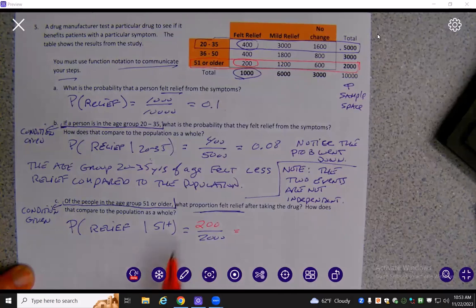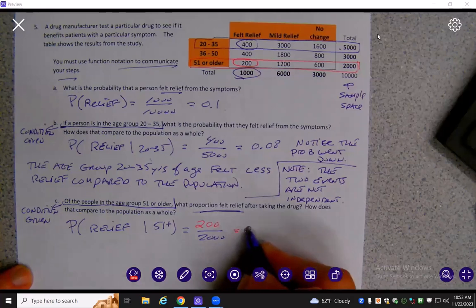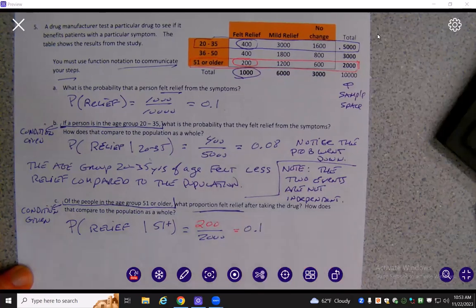And notice when I reduce that down, what do I get? Yep, 1/10 or 0.1. Exactly, 1/10.